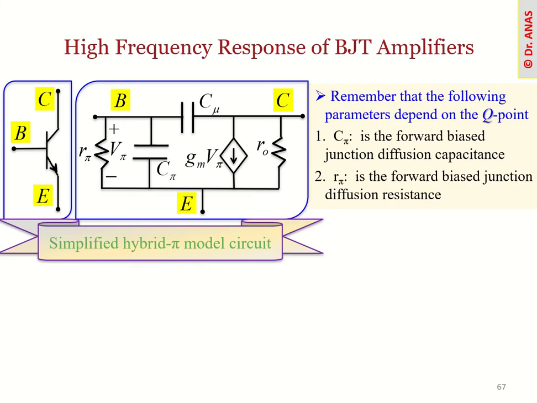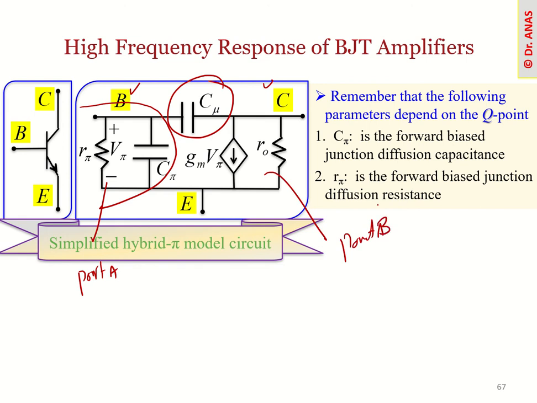If you look at this pi model, between the base and collector junction we have included C mu. So this is a kind of our port A, and this is our port B, and in between them we have this capacitance.